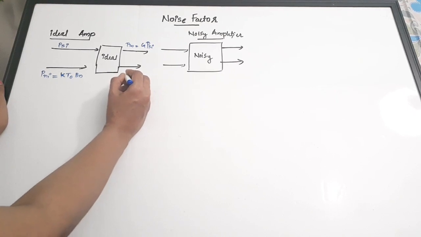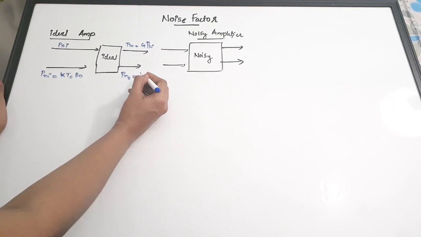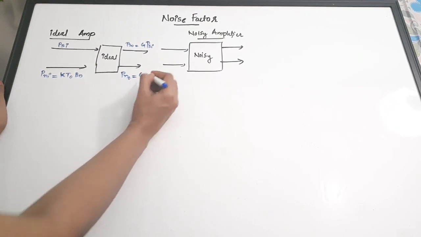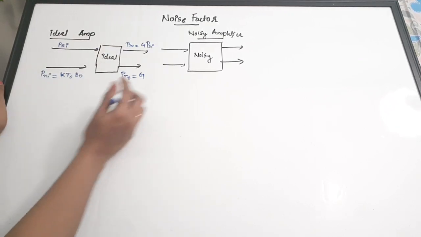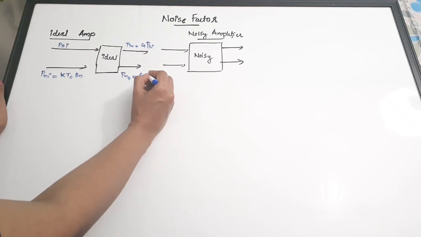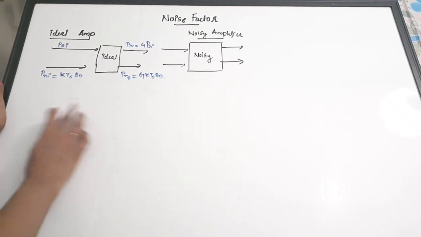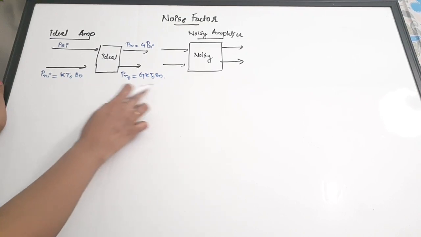Okay, next. Here for the output noise power, Pn0 is equal to gain times, this is for the ideal case, gain times KT0Bn. So this is the value for the output noise power.